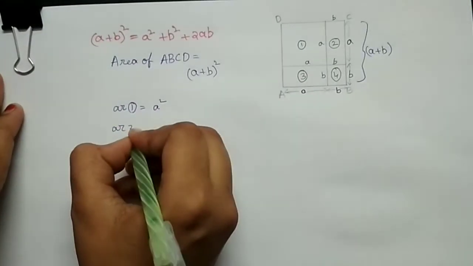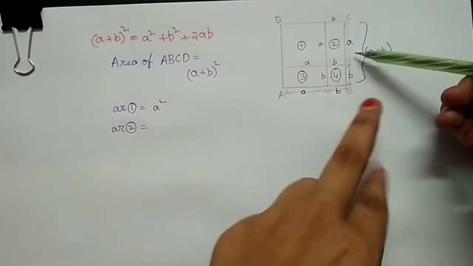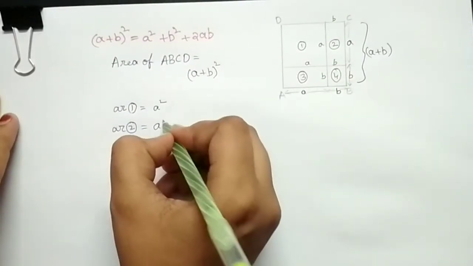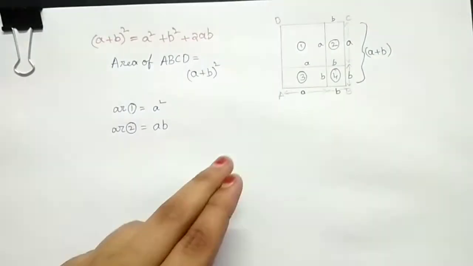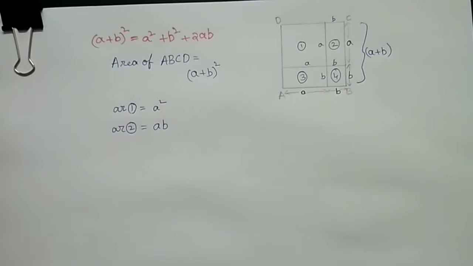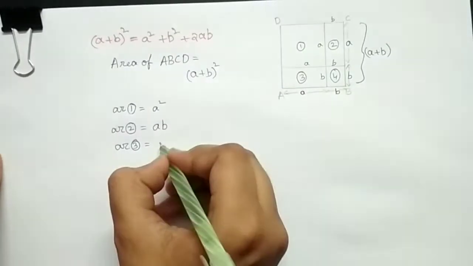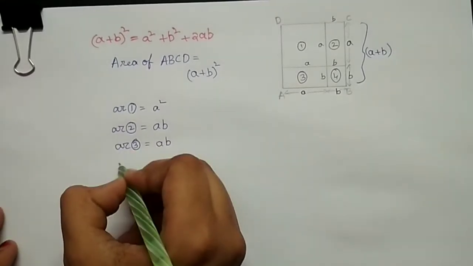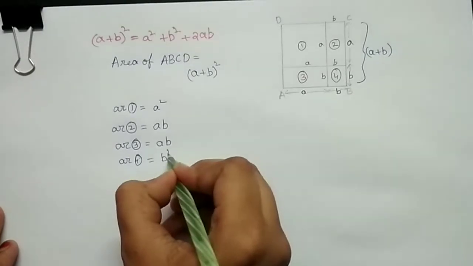The second part is a rectangle with length A and breadth B, so length into breadth is A into B. The third one is also a rectangle with length and breadth A and B respectively, so its area will be AB. And the fourth one is a square with side B, so its area will be B square.